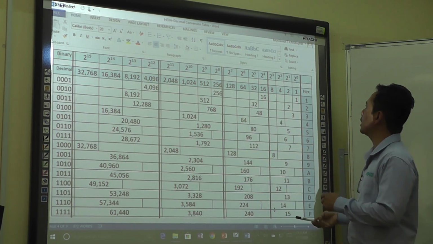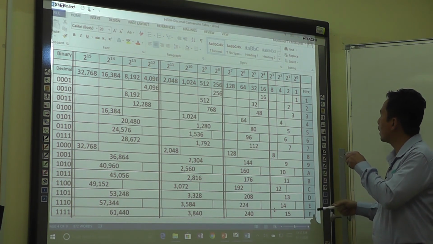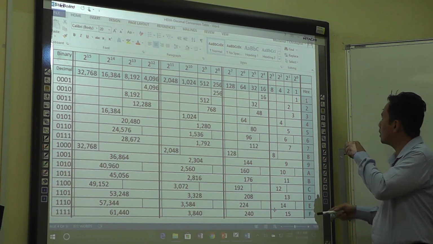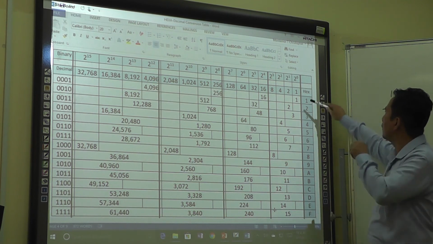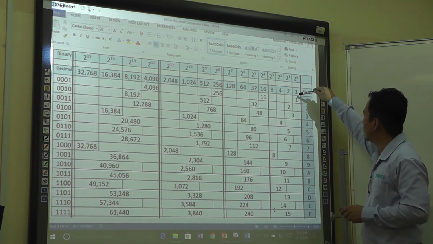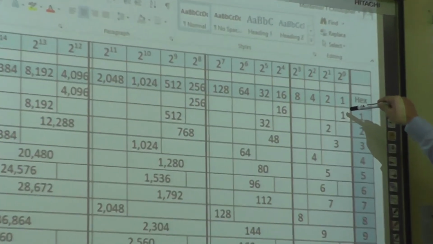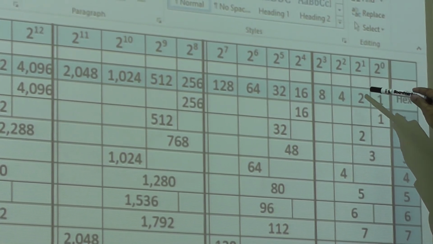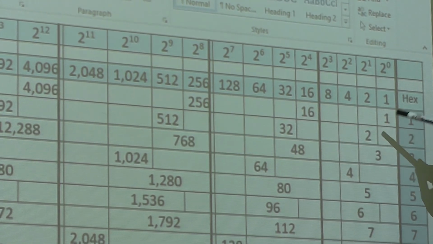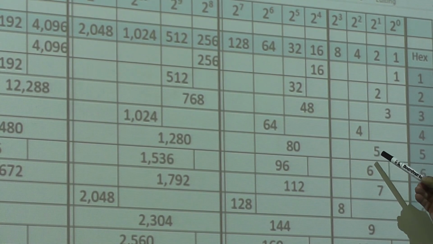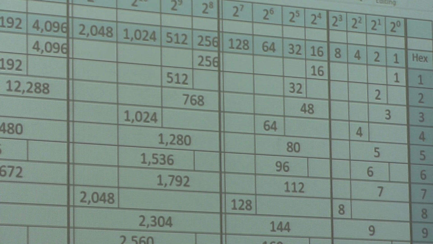For example, the numbers 1, 2, 3, 4, 5, and so on. For the place value 1, I put here 1. If you put 2, this comes the value number 2. If I have 5, I have here number 5. You will see here on the table.